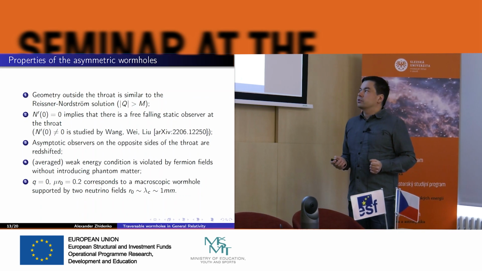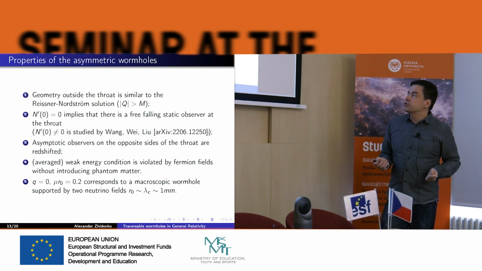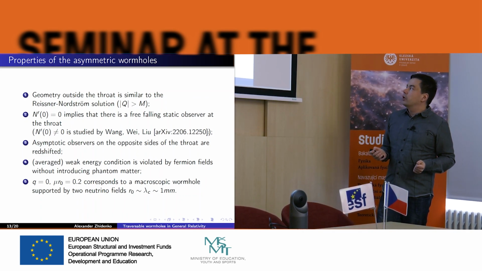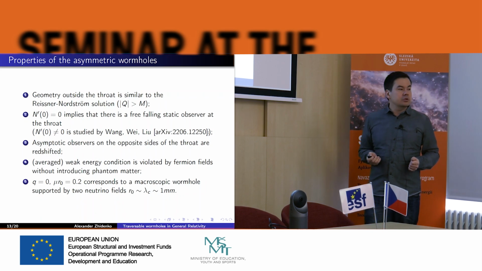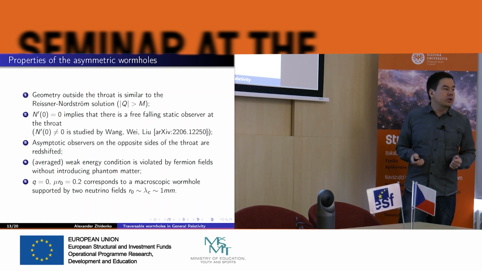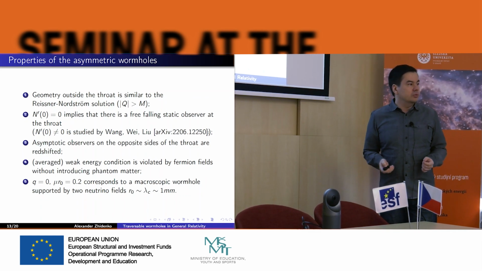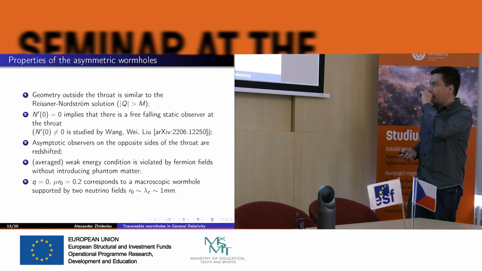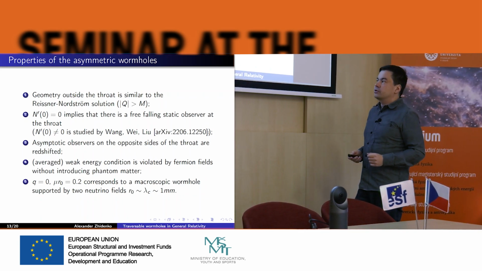And also, this theorem about the weak energy condition is satisfied. So we can conclude that our fermions in this configuration actually violate the weak energy condition, which we don't observe naturally in the laboratory.